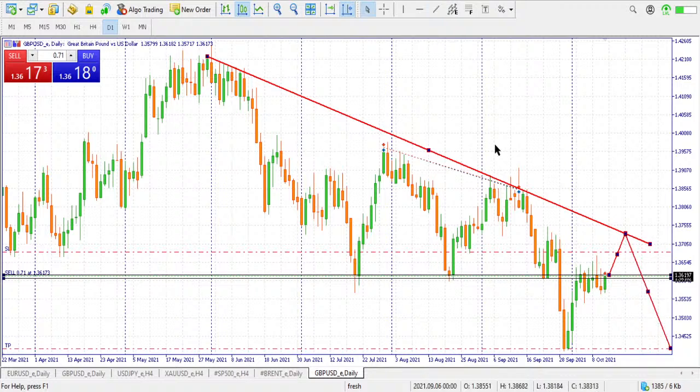So this basically will be the correct place to look for a sell from. If you are on this chart as we're speaking now, then this right here will be the correct place to look for a sell from. Does this make sense?